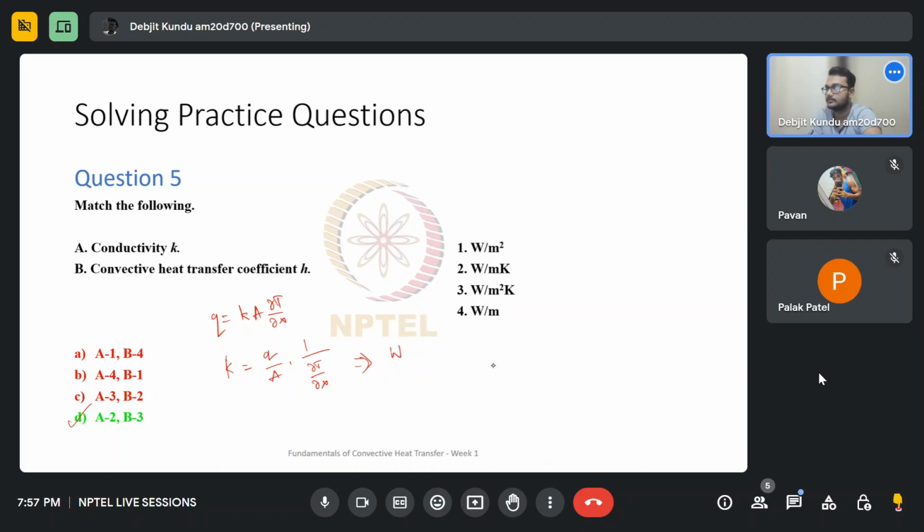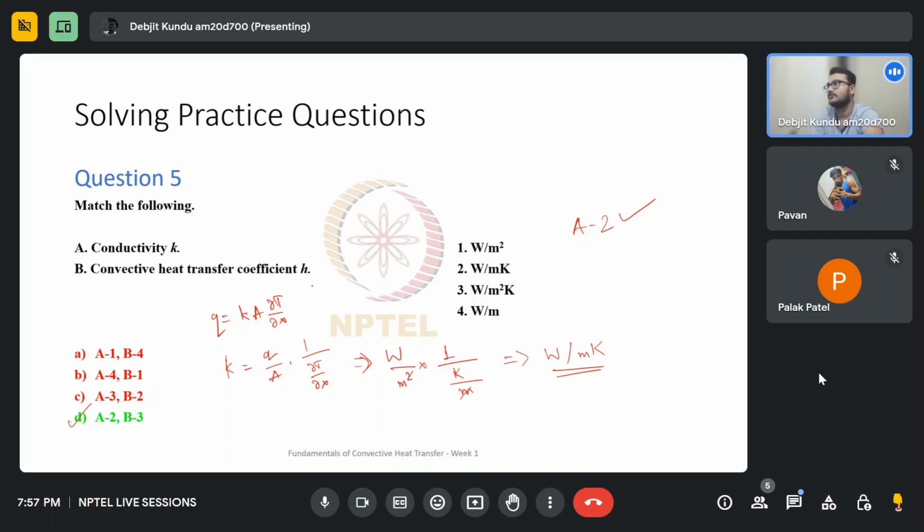Then we have area, which is in meters squared. Then we have 1 over dT by dx. Now dT is temperature, that is in Kelvin, and dx is length in meters. So the meters squared would cancel out, and finally we will get watt per meter Kelvin. So this is the unit of K. So A2 was the correct answer to this.